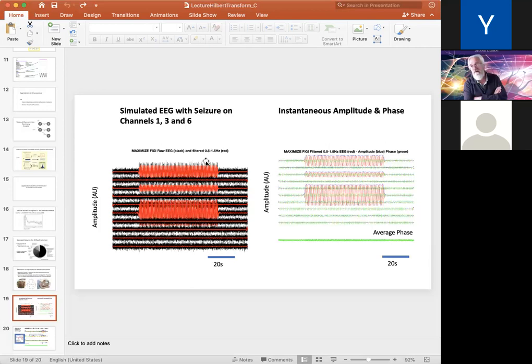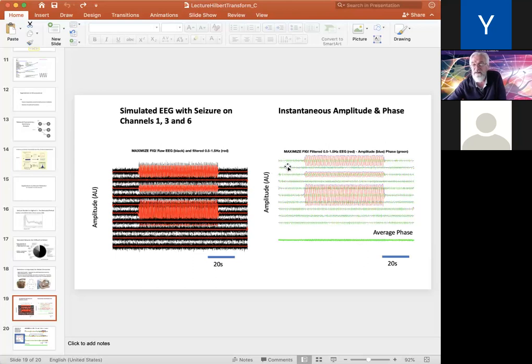When you do that, you get the red signal, which I superimposed, the filtered signal, on top of the raw black signal. Now I'm using the filtered signal in this example to determine the instantaneous amplitude and the instantaneous phase. That can be seen in this right panel. Look at the top 10 traces; I'll get back to the lower trace.